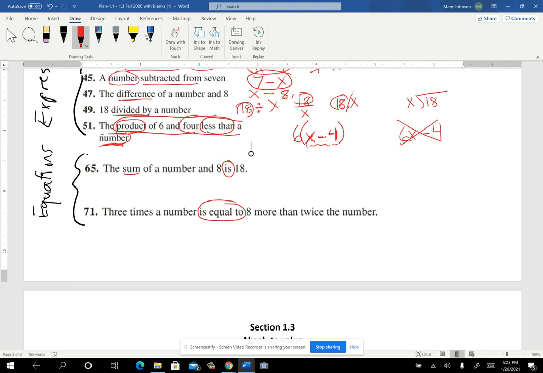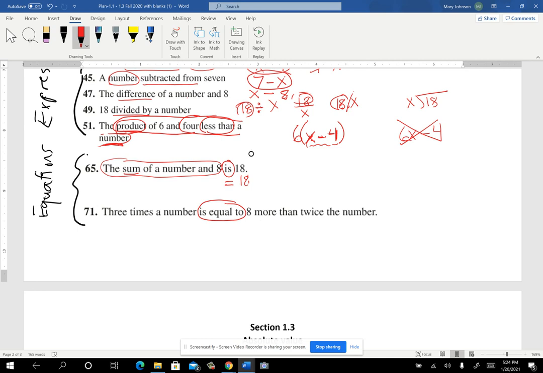So the first thing you do is a quick read of it. The sum of a number and 8 is 18. You're not really trying to hang on to any of it. You're just trying to see that is would be your equal sign. Okay. Then that separates the problem into 2 phrases. So you do what's after the equal sign, which would just be 18, and then you work on this part that's in front here.